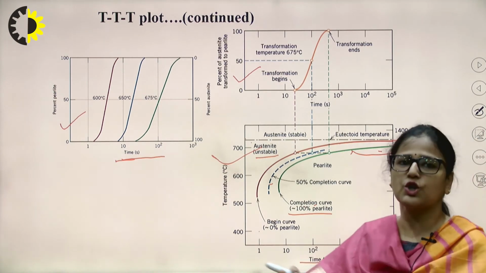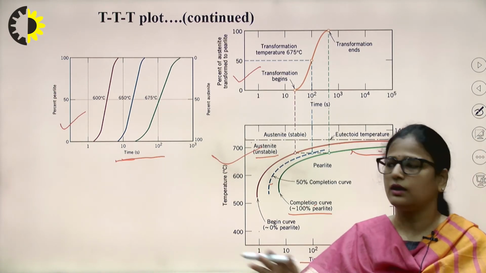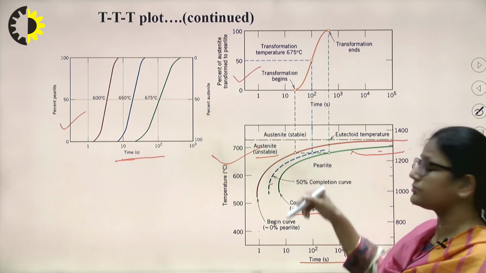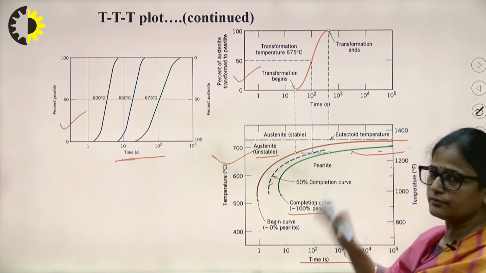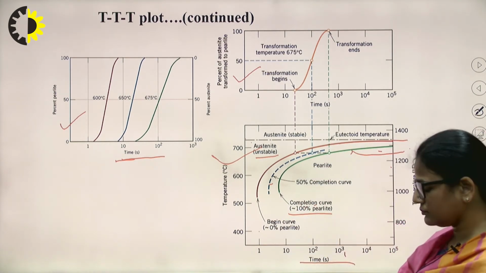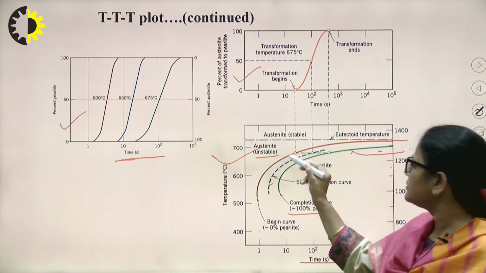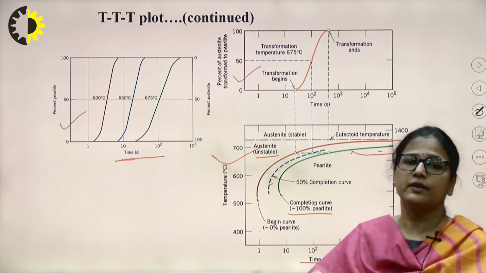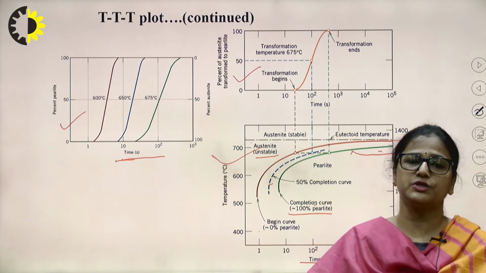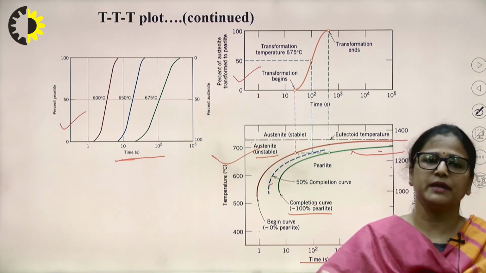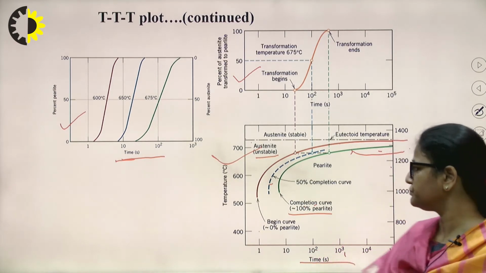The nature of the diagram changes for other compositions. When we see here, the transformation rate is inversely proportional to the time required for 50% completion.